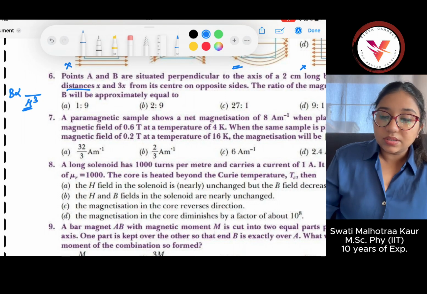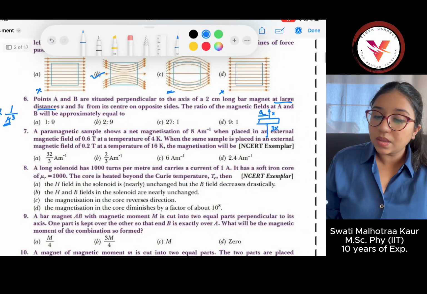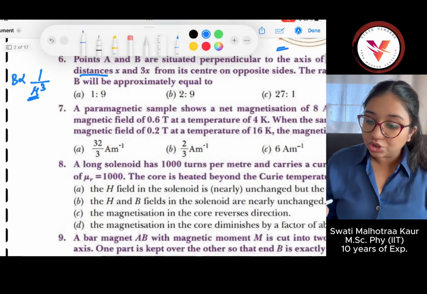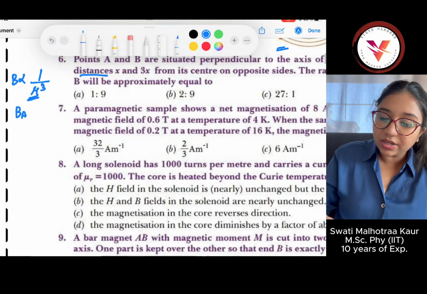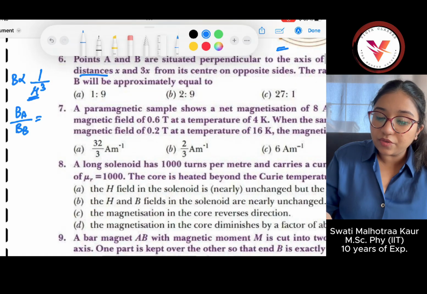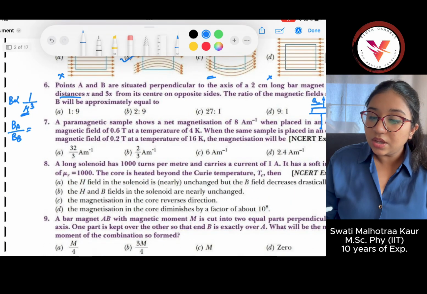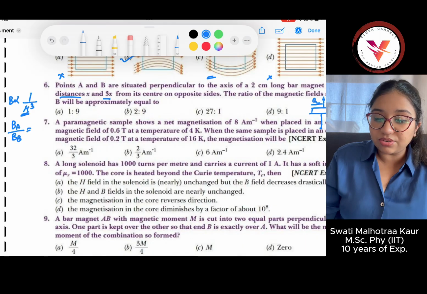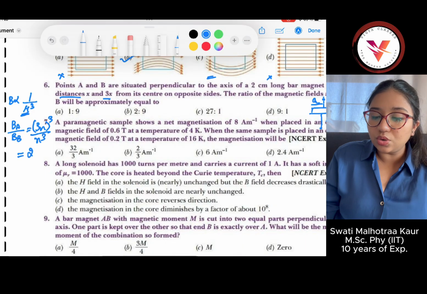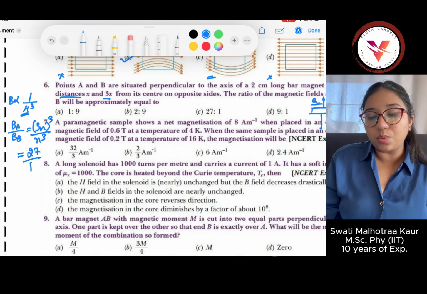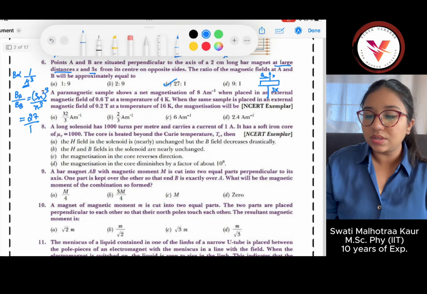Basically, we have to calculate the ratio of A and B. For A the distance is x and for B it is 3x, so 3x whole cube upon x cube is 27 by 1. So 27 is to 1. The x cube we can cancel out.